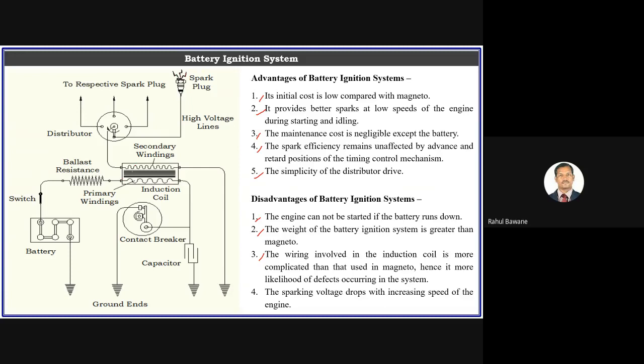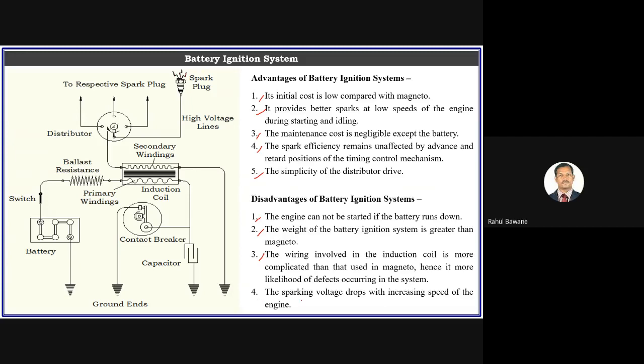On this laminated core, there are a number of turns of primary winding, higher diameter but fewer turns, and there is a fine diameter secondary winding having about 3000 turns, and it is a very complicated wiring system. If it gets short circuited or overheated, then it tends to get damaged or burn.